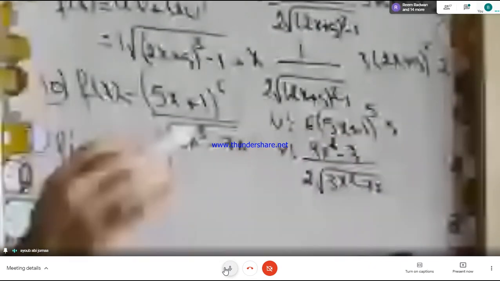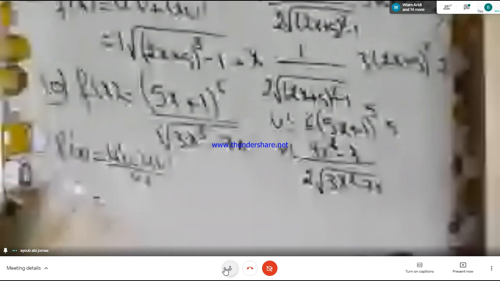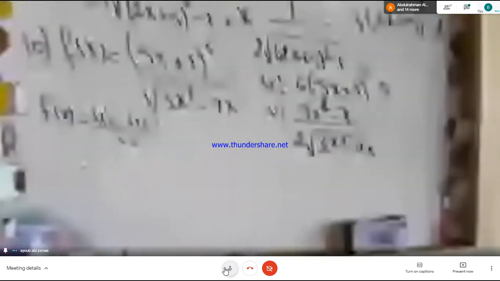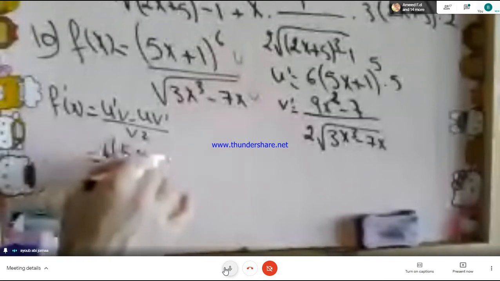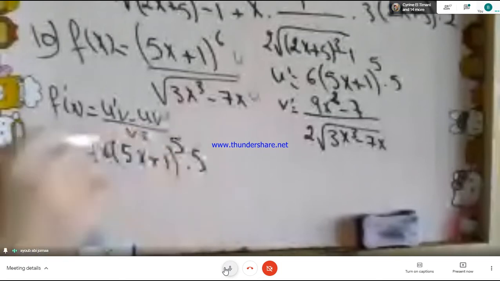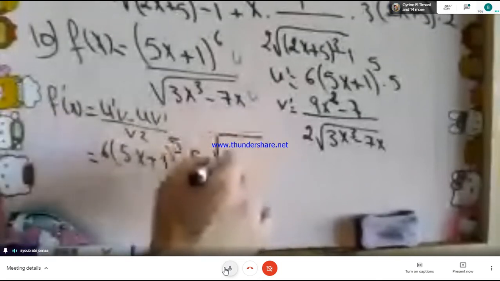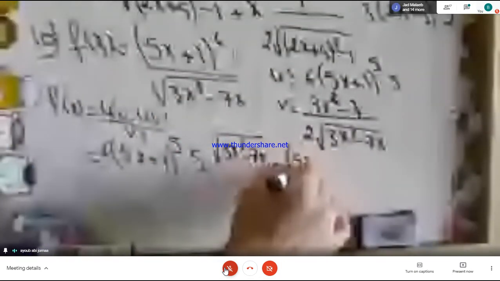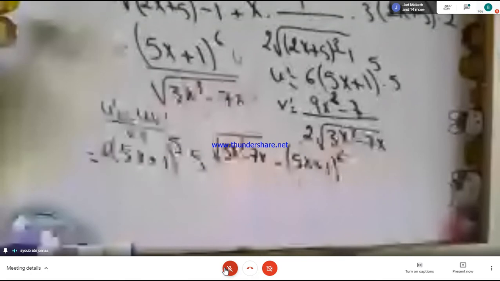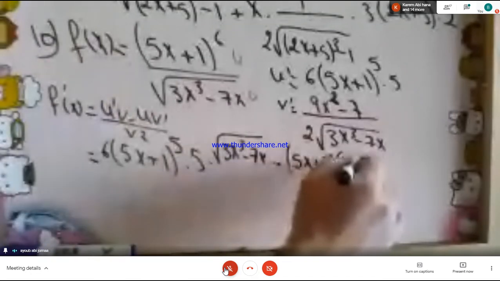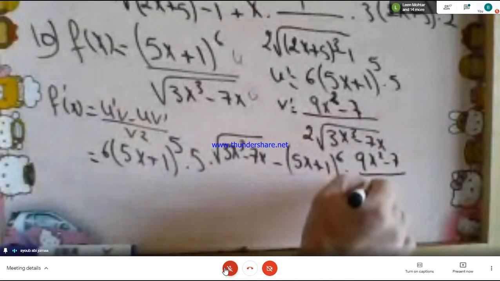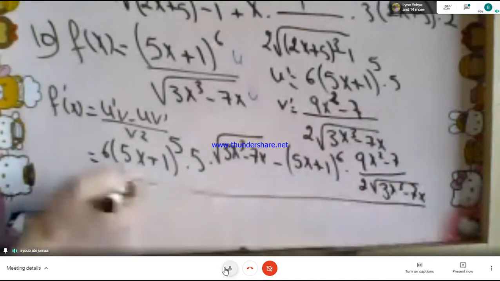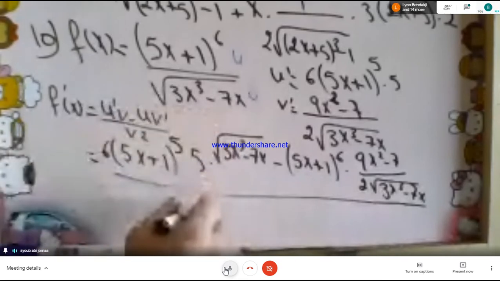So f prime of x: we just replace u prime, 6 into 5x plus 1 to the power 5 times 5, times v, which is radical 3x cubed minus 7x, minus u v prime, 5x plus 1 to the power 6 times v prime, which is 9x squared minus 7 over 2 radical 3x cubed minus 7x, all over v squared.